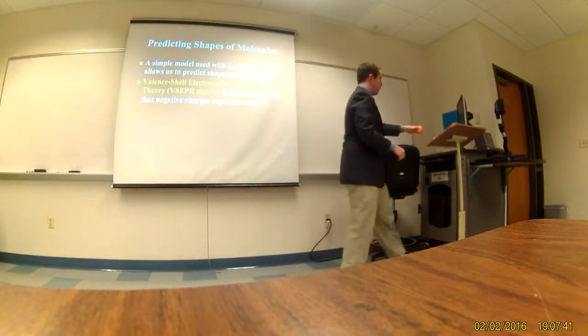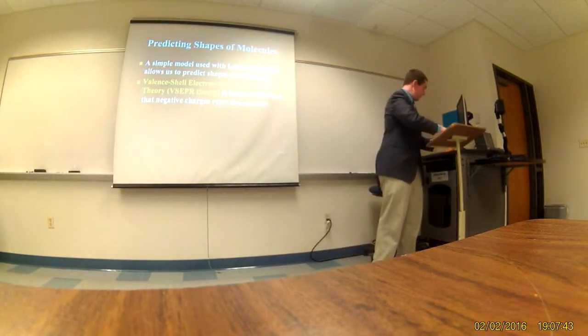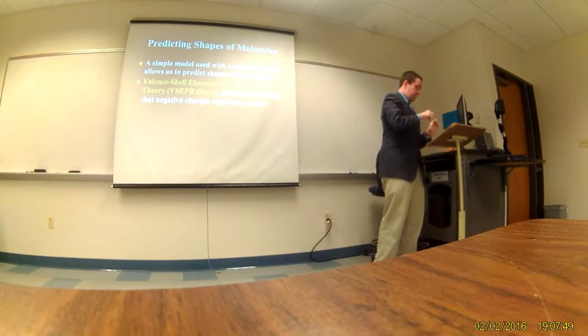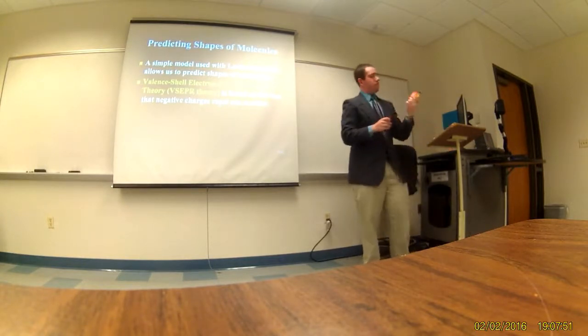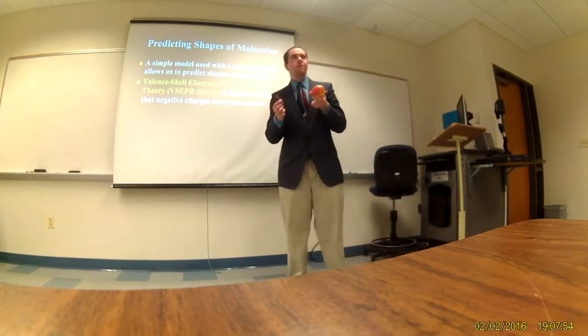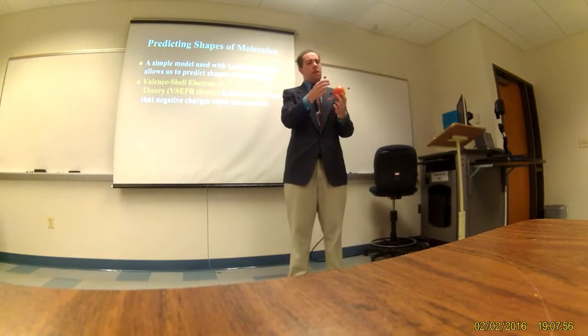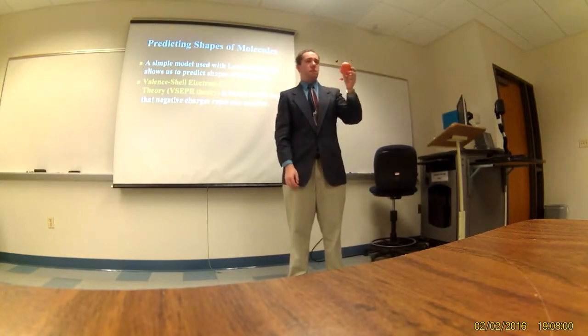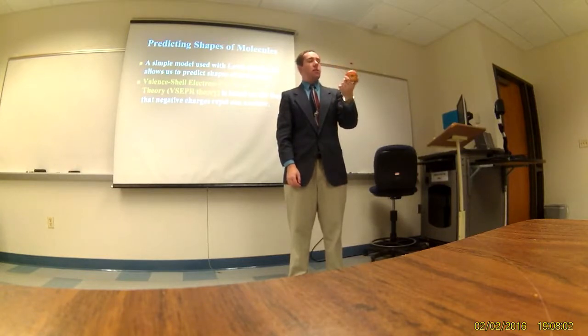So now let's add a third one. Now I have three. What can I do with the third? If I put it there, are those three as far away from each other as they possibly can be? No, they're not. What can I do?